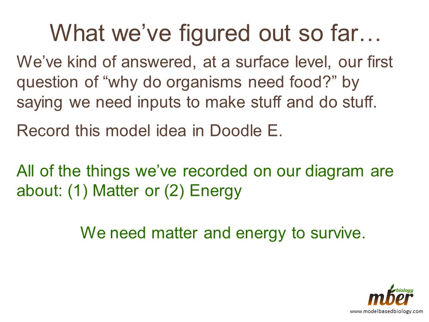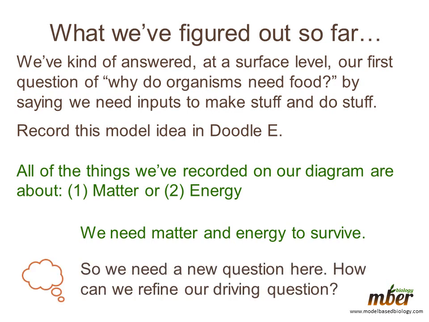Okay, we're getting really close. So, we need a new question here. Our original question is, why do organisms need food? Now, we have a little bit of an answer here. We know that we need food because we need matter and energy to survive. How can we change this into a better question? I'm going to give you a hint.